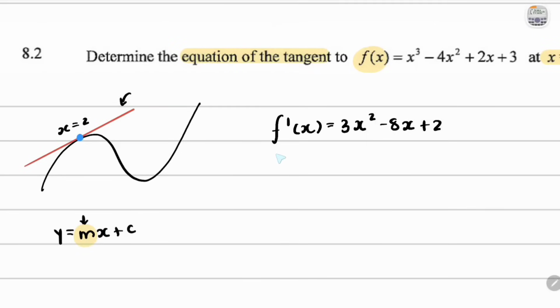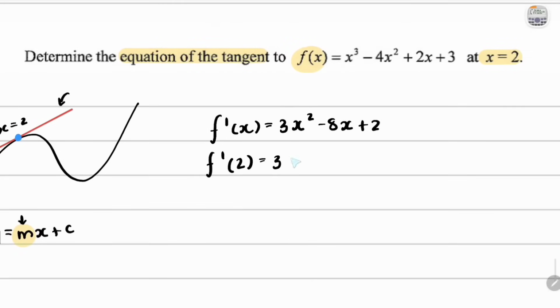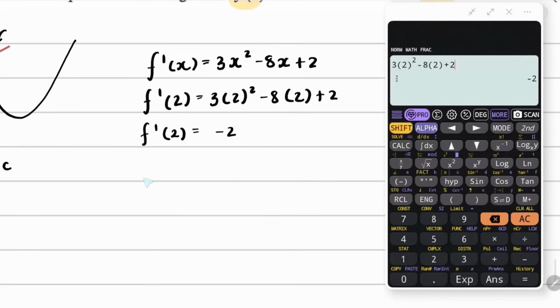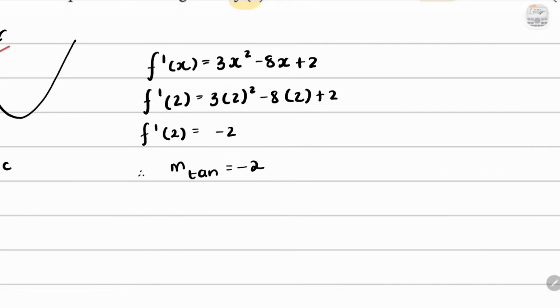So to find that gradient, we have to substitute 2 into the gradient formula. So that is f prime of 2 is equal to, and when we substitute 2, we'll find out exactly what that is. And we get this gradient is negative 2. So it means that the gradient of our tangent that we're looking for is negative 2. Great. Okay. So we were able to find the gradient of the tangent.